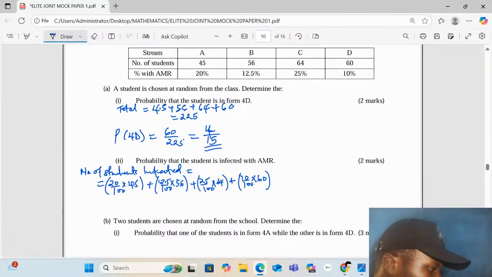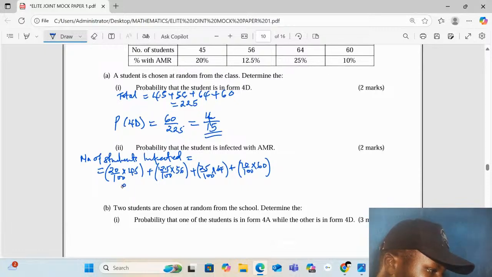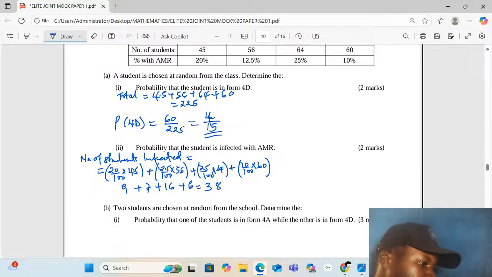So you work this out, you're going to get 9 plus 7, then plus 16, then plus 6, and plus 6. So you're going to get 38. And the number of students infected will be 38 in the whole Form 4 class.